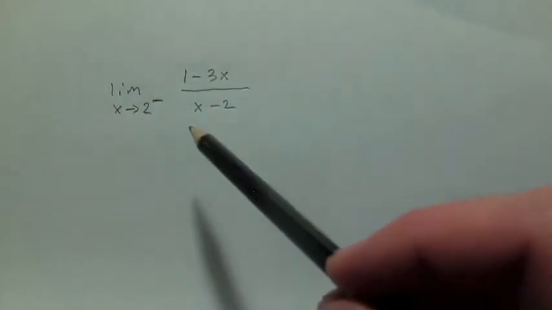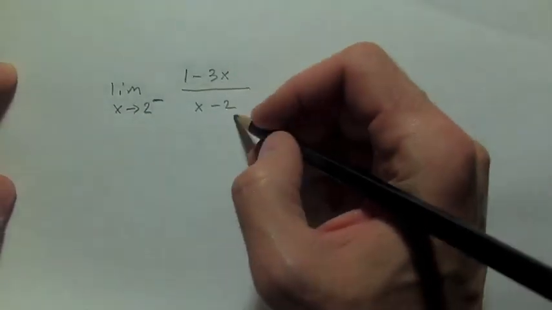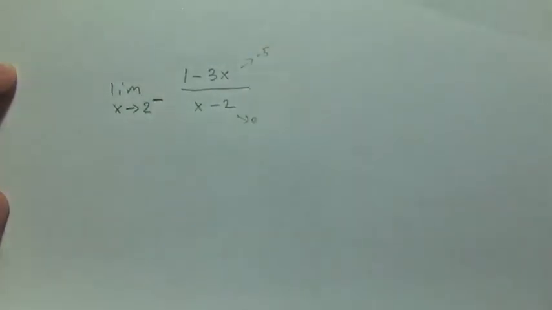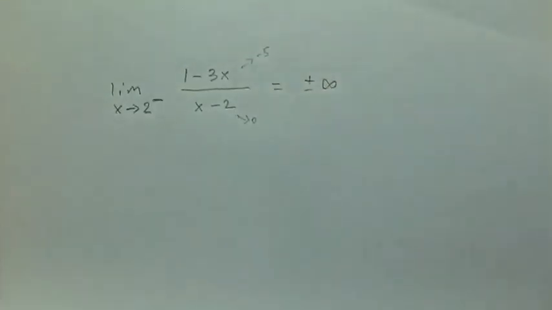And so once again, when we plug 2 in directly, we get negative 5 over 0. So I know it's going to give us a plus or minus infinity.